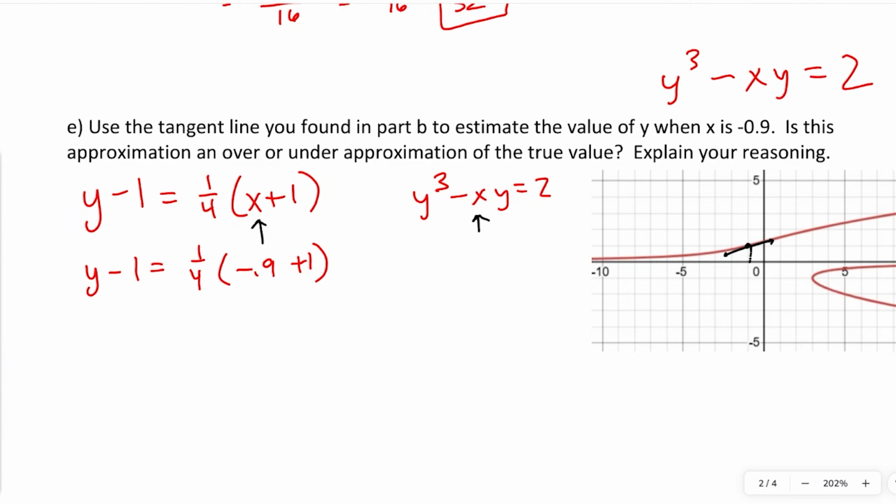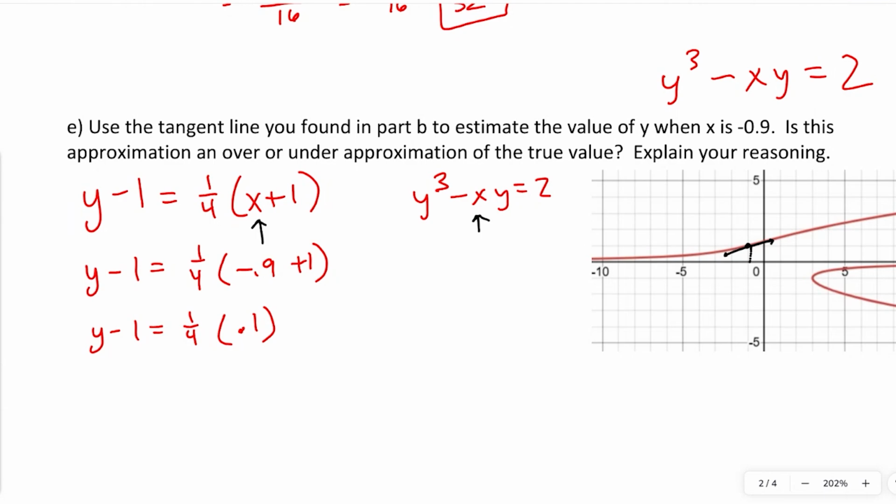Okay, negative 0.9 plus 1, or 1 minus 0.9, is 0.1. So we have y minus 1 equals 1/4 times 0.1, so 1/10 of a fourth. This is where mixing fractions and decimals gets a little messy. Maybe we just think about it in terms of decimals. We got 0.25. What's a tenth of 0.25?